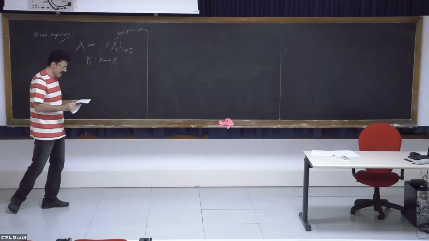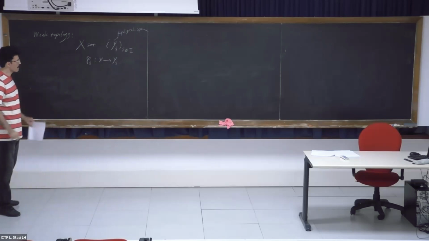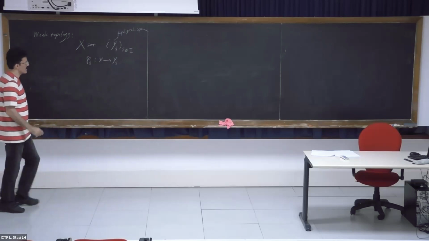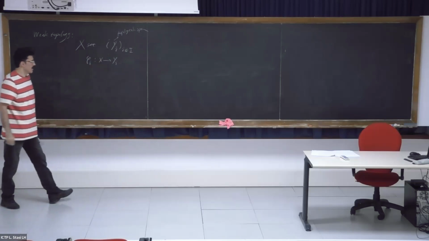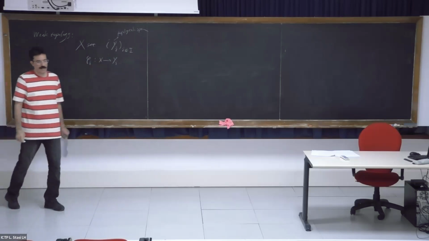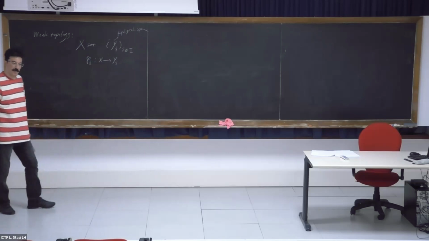The question is: can we construct a topology on X in a way that all the mappings phi i are continuous?